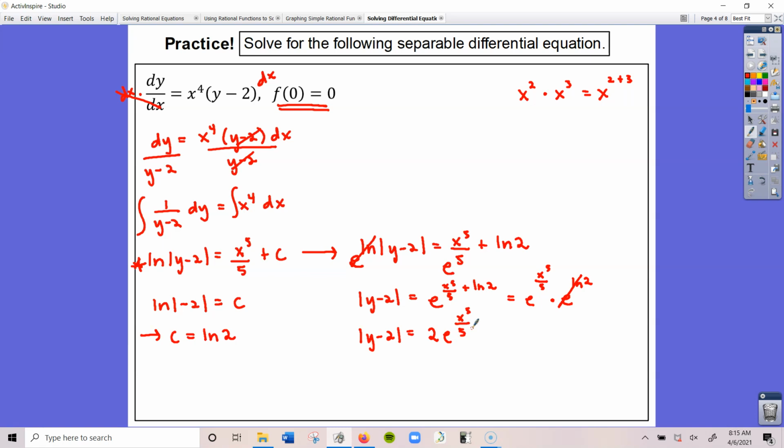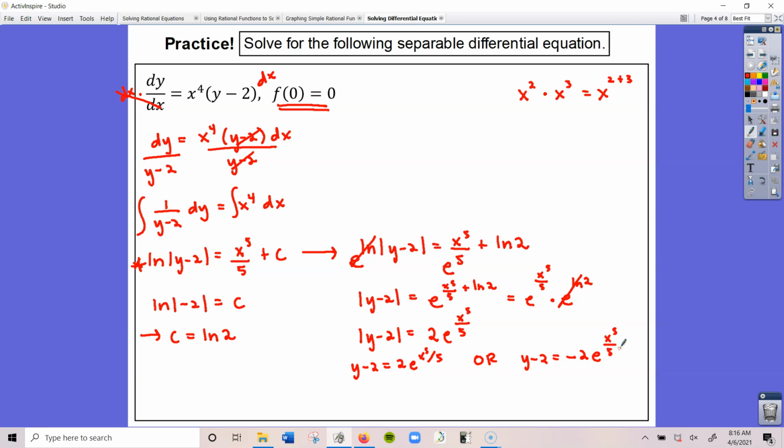Now we're going to solve for y. But because this is absolute value, we would have to split this into two equations because what is in here could either be positive or negative. So we have y minus 2 is equal to 2e raised to the x to the fifth over 5, or y minus 2 is equal to negative 2e raised to the x to the fifth over 5.